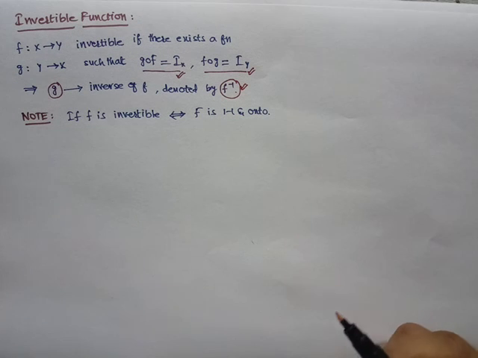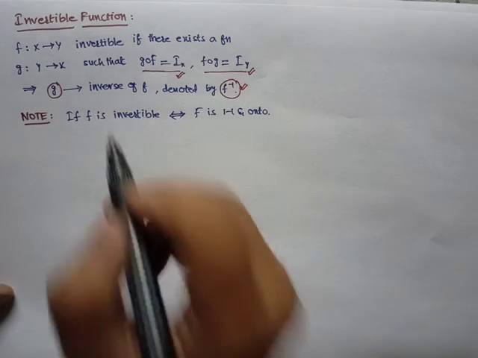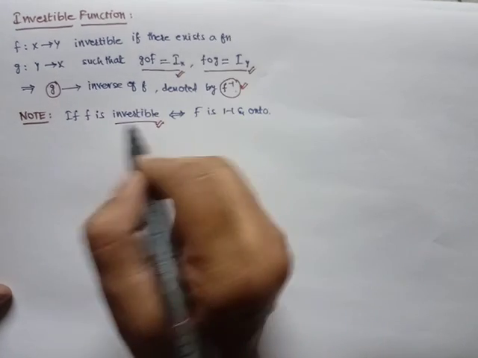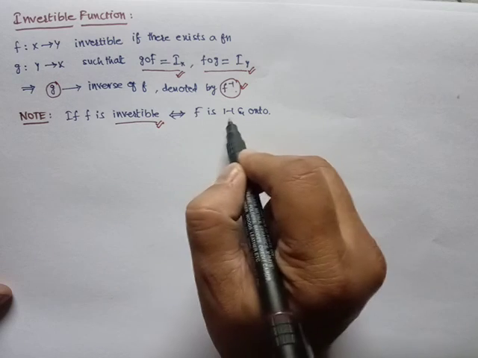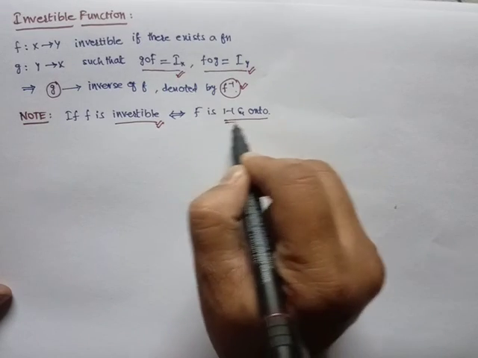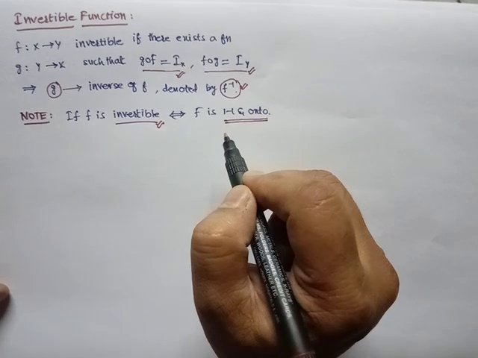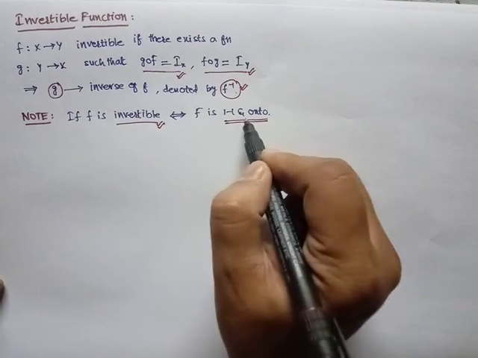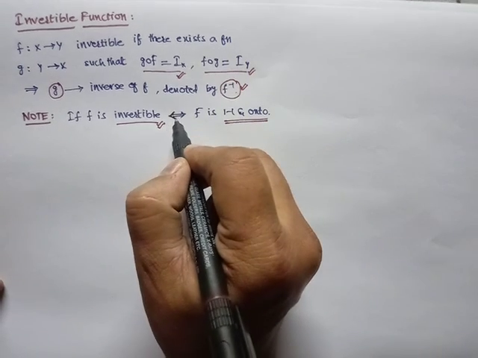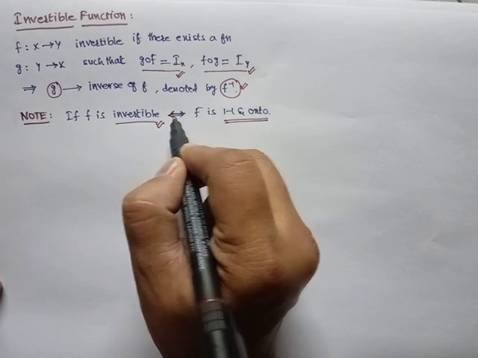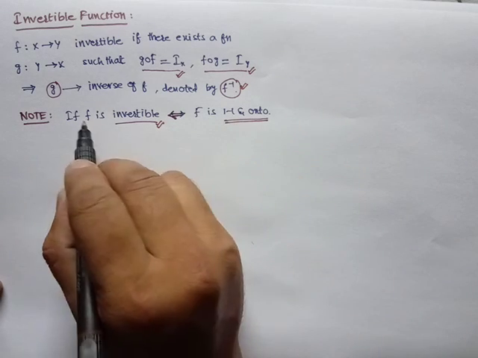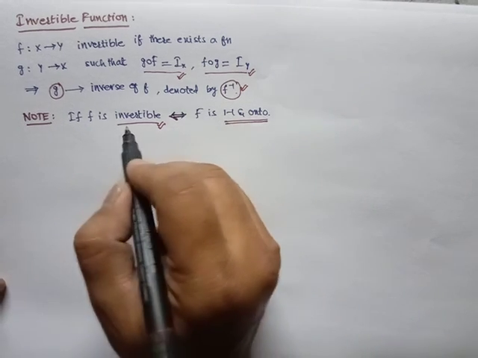Now coming to the next important point: if f is given as an invertible function, then it must be one-one as well as onto. If f is one-one and onto, then f is an invertible function.